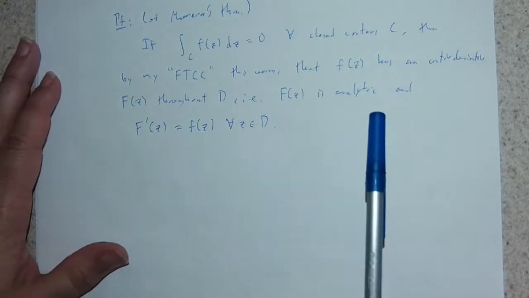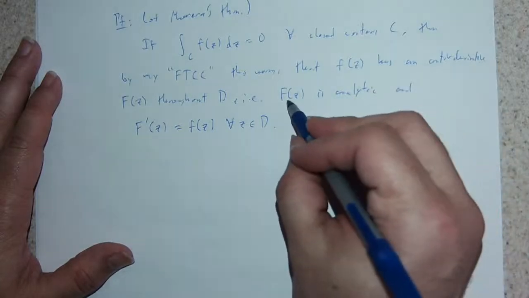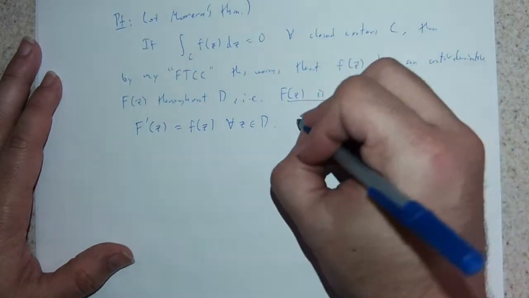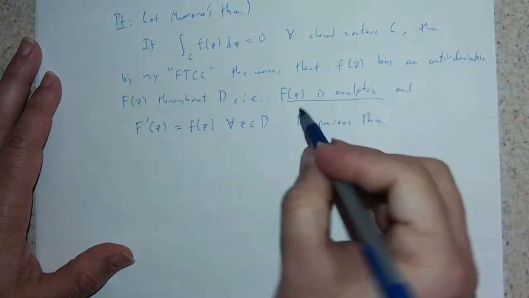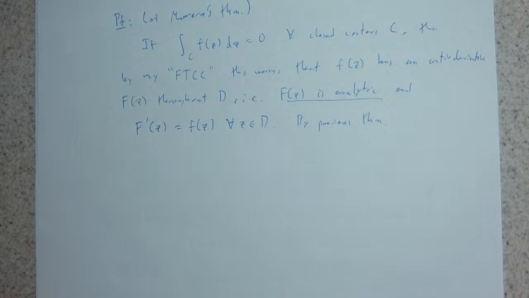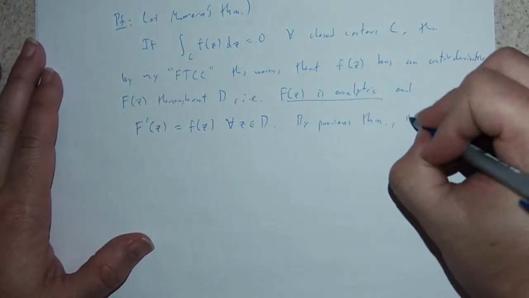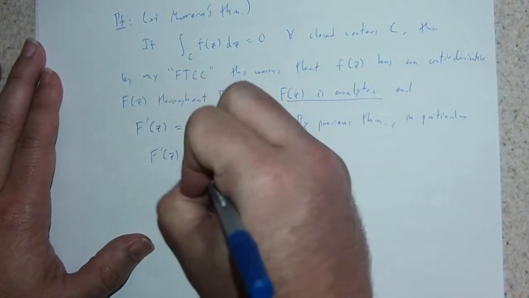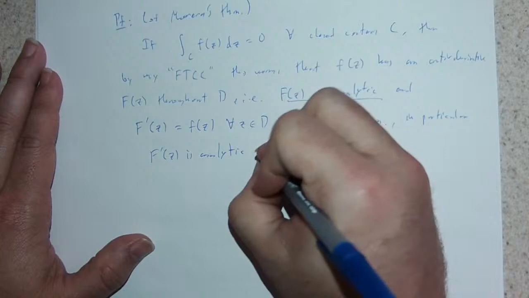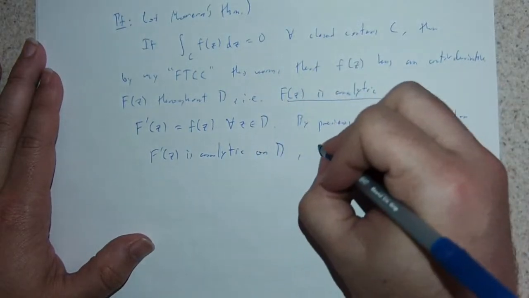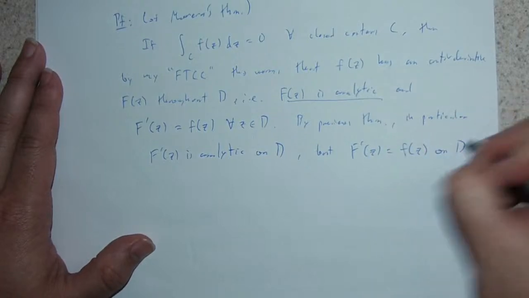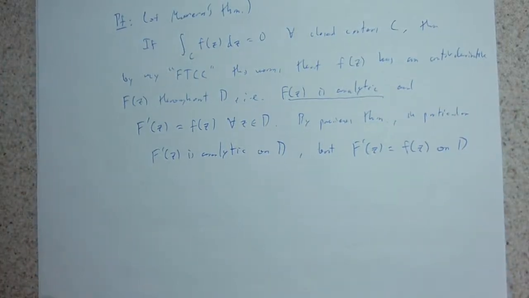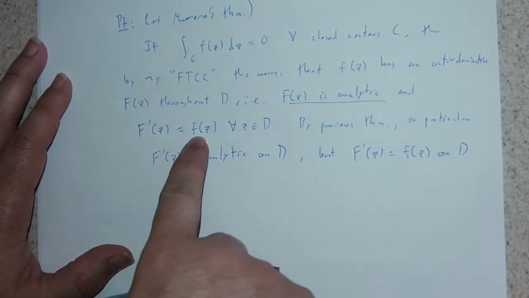But then I have an analytic function, and by my previous theorem, its derivatives of all orders are analytic on D. In particular, F prime of z is analytic, so its first derivative is analytic on D, but F prime of z is equal to f of z on D. So since F prime is analytic, f is analytic.